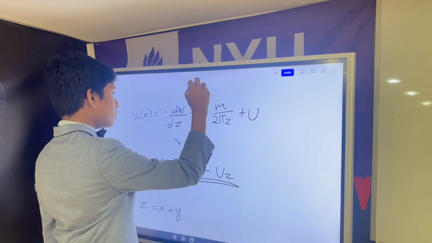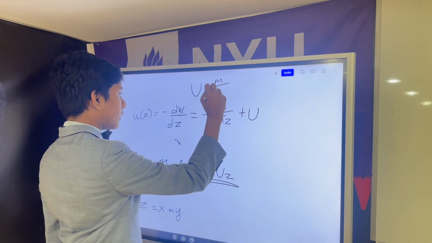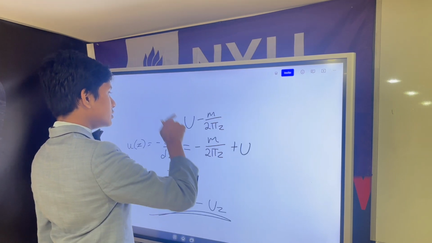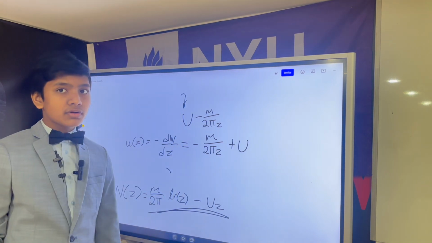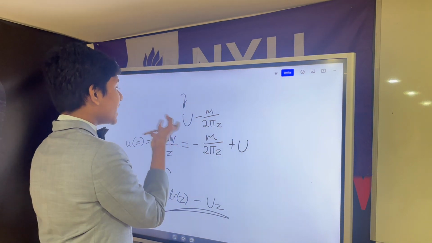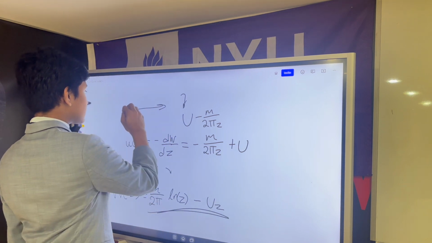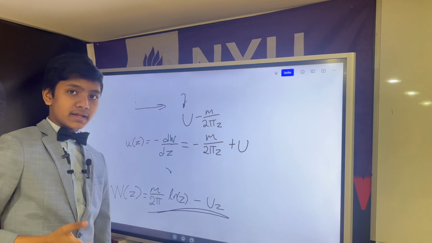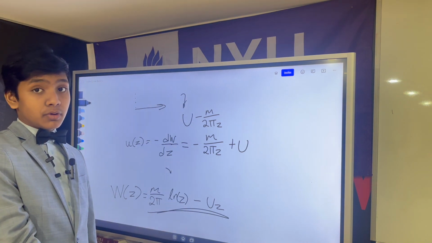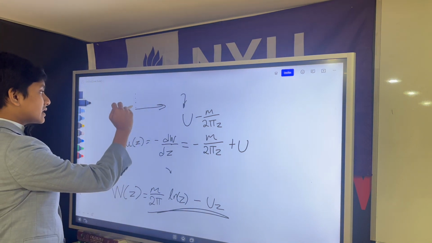Okay, u minus m over 2 pi z. And of course, u is a positive real number. So that's representative of it only acting in the x direction, since it doesn't have a complex coordinate, or it doesn't have an imaginary component, so it doesn't have a y component.